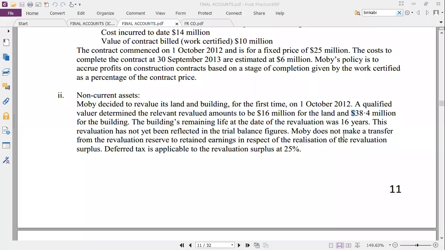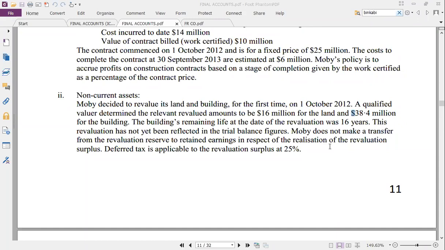Okay, does not transfer. What if Mobi transfers? It means that we need to calculate what we call excess depreciation. I'll leave that for now. We did that under the ICT section, and it's not required here, so I don't need to talk about it.